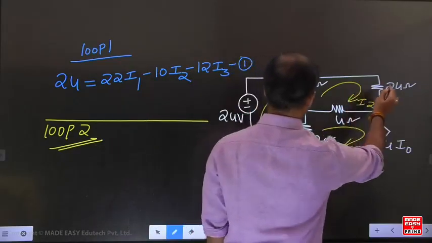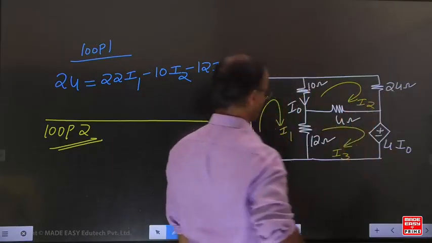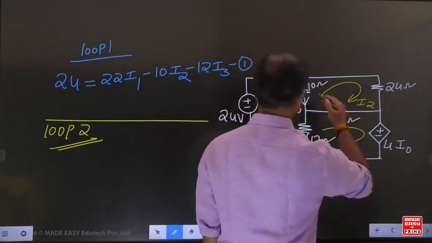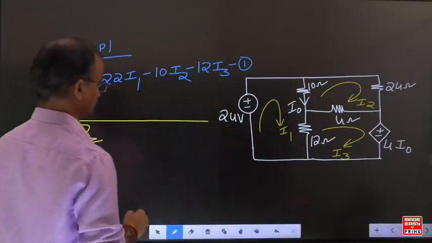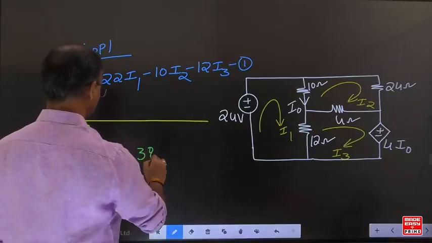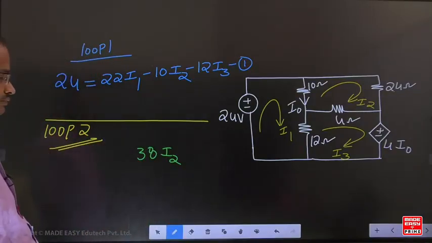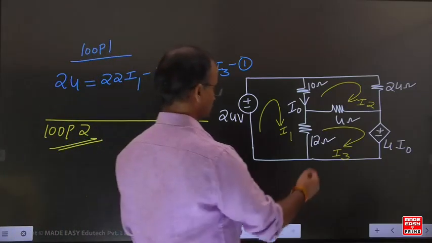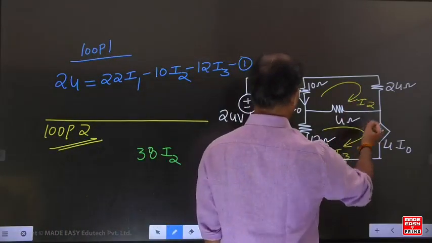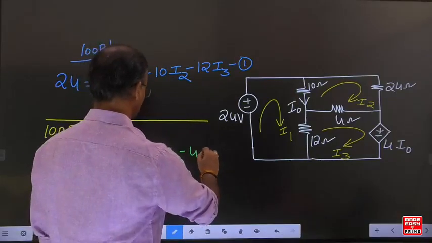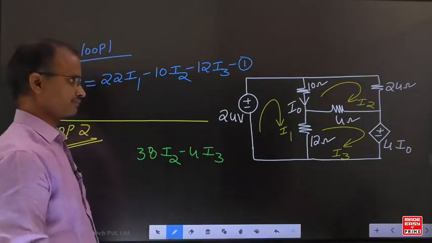I2 current circulates through 24, 4 and 10. What is the total resistance equal to how much? 38. Now for this 4 ohm resistor, I2 and I3 are in the opposite direction. Minus 4 I3.